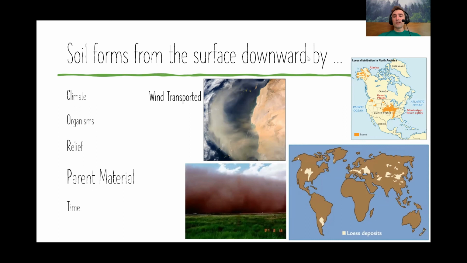And when we look at wind, in general, we call the deposition by wind loess. It has a typical name of loess, oftentimes found in semi-arid areas. And so you can see wind transporting soil. The top image is Africa. It's the Sahara. And that is all dust from the Sahara being blown westward over to the Americas.